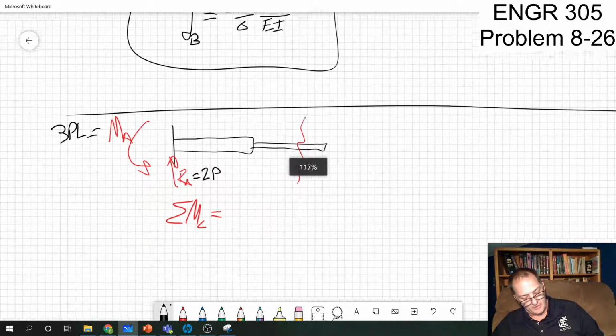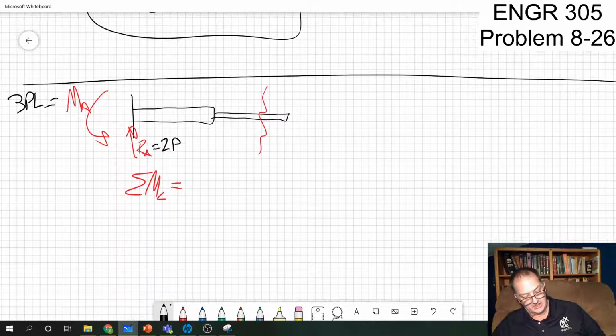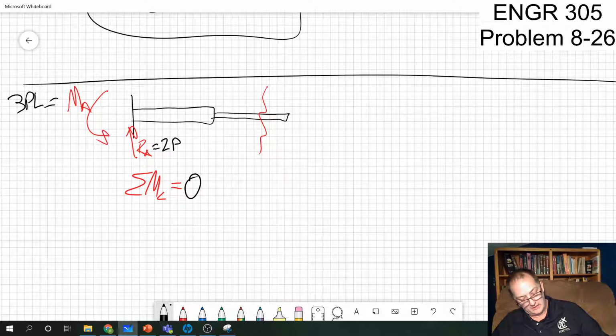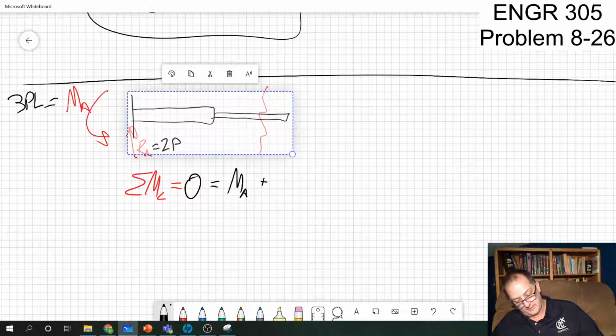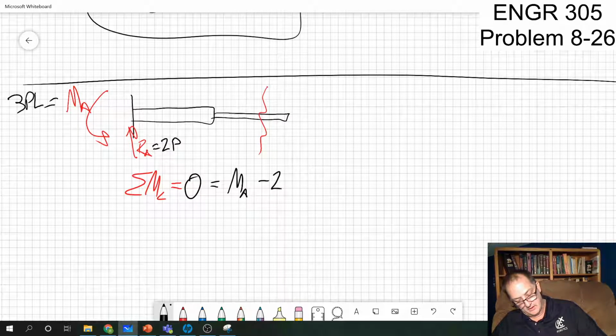So the sum of my moments around C, around the cut, equal to 0, are equal to my moments at A plus, oh sorry, it's going to be a minus 2P times x.